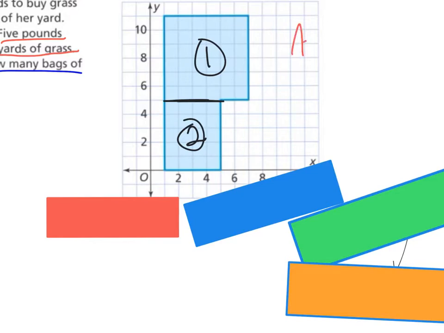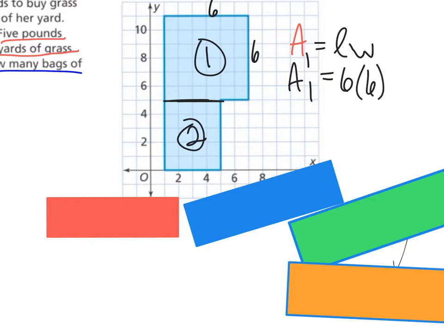So if we did it this way, our first area is 6 by 6, which is 36.